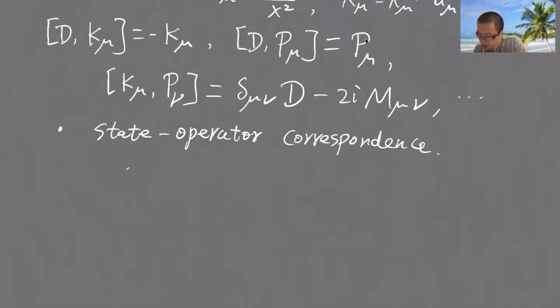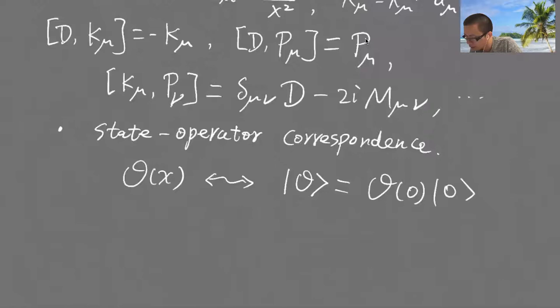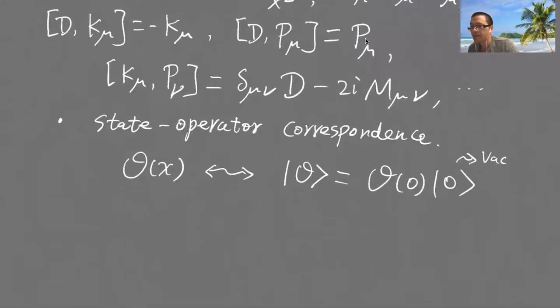So suppose you have a local operator, let me call it O. There is a corresponding state, which can be defined using the Dirac bracket as this O at the origin acting on the vacuum state. As I said, this correspondence is one-to-one.